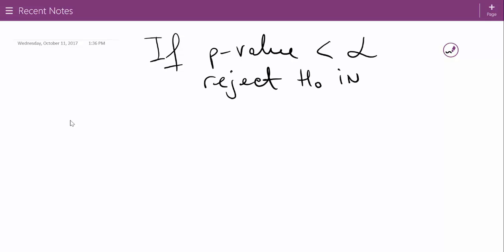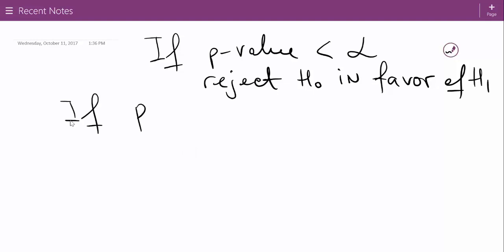We reject the null in favor of the alternative, right? If p-value is small, we reject the null hypothesis and start believing in the alternative. Otherwise, if p-value is higher than alpha, statisticians say we fail to reject the null, right? Remember, we start with believing the null.